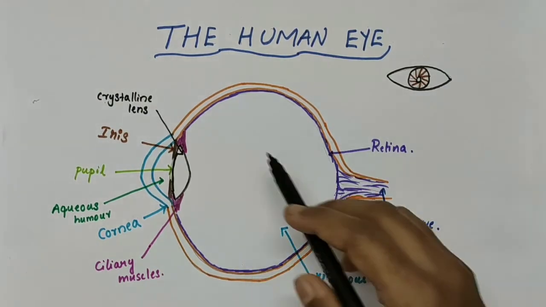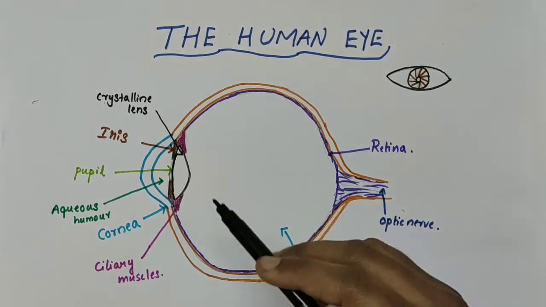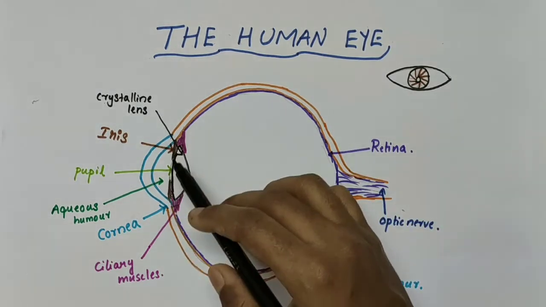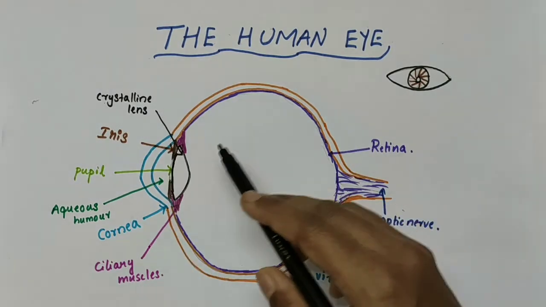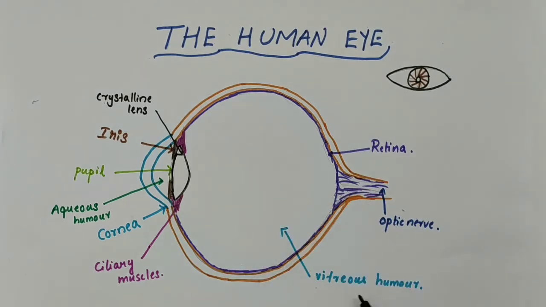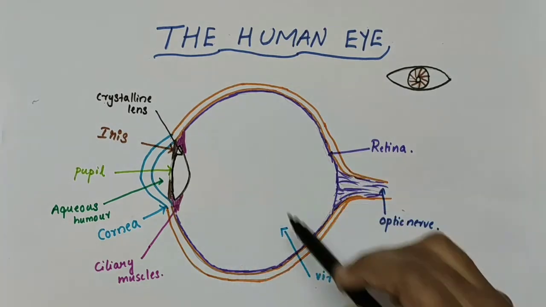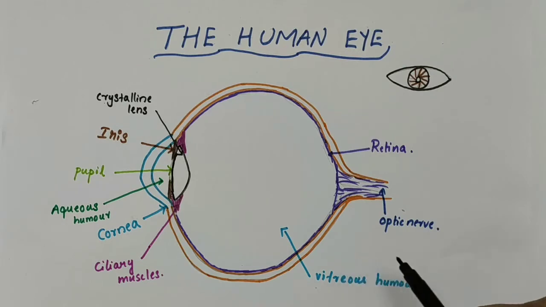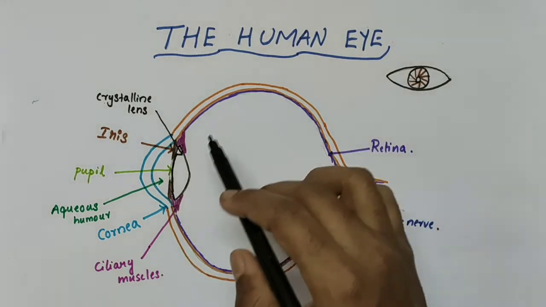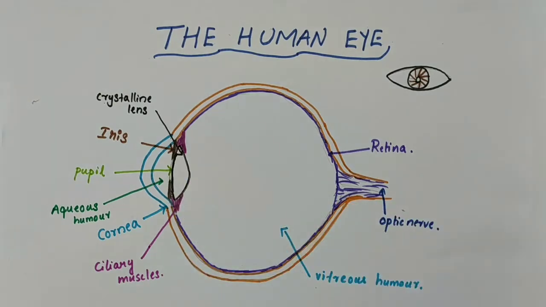Now, behind the lens, behind this crystalline eye lens, we have vitreous humor. It is a jelly-like substance that fills the eyeball behind the lens.